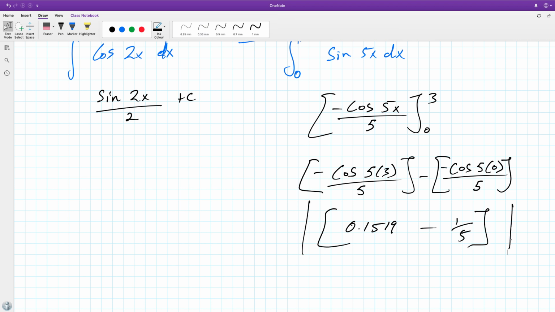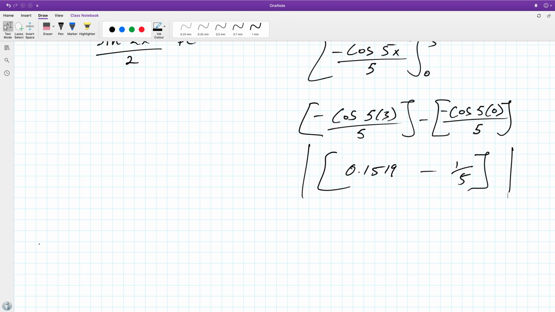Put them into your calculator: 0.1519 minus 1 over 5, and you get minus 481 over 1,000, but it's the absolute value, so it's 481 over 10,000. That's your answer. Don't forget, it's always absolute value.